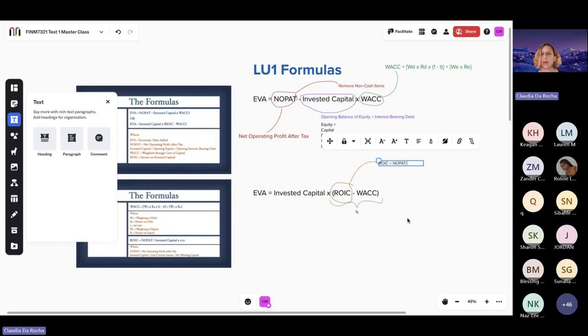Your return on invested capital is basically your NOPAT divided by your fixed assets less your net working capital.